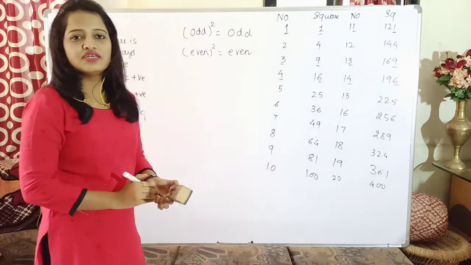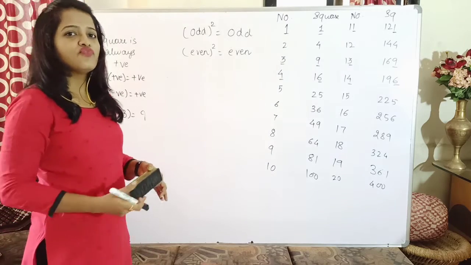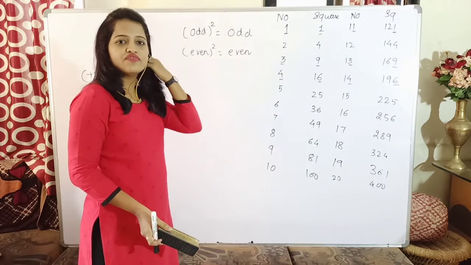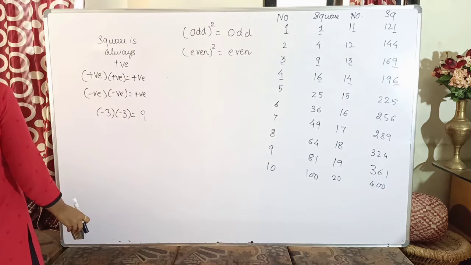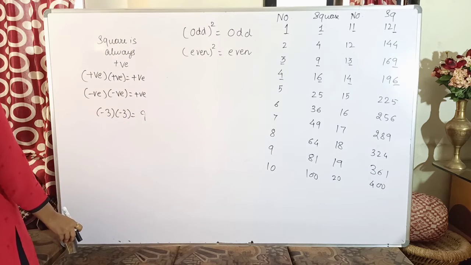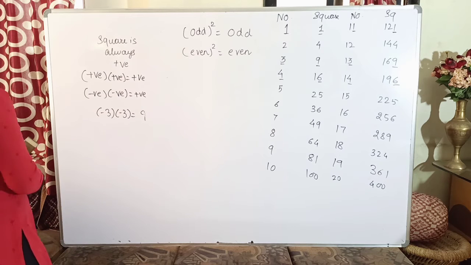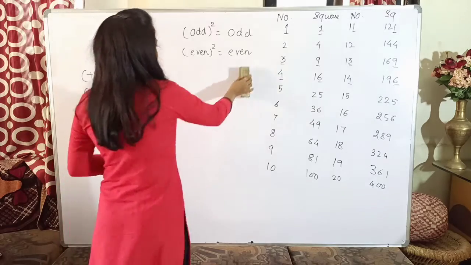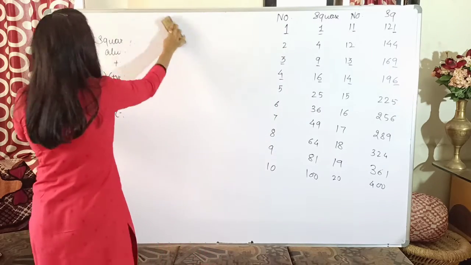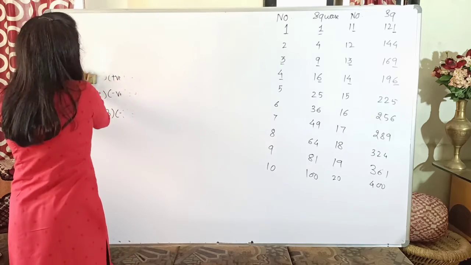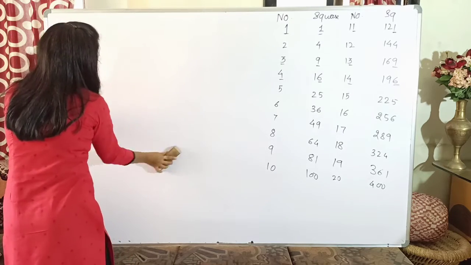So that is the next property: the square of odd numbers is odd and the square of even numbers is even. Let us go to the next property, which tells us regarding the number of digits in the square of any number.